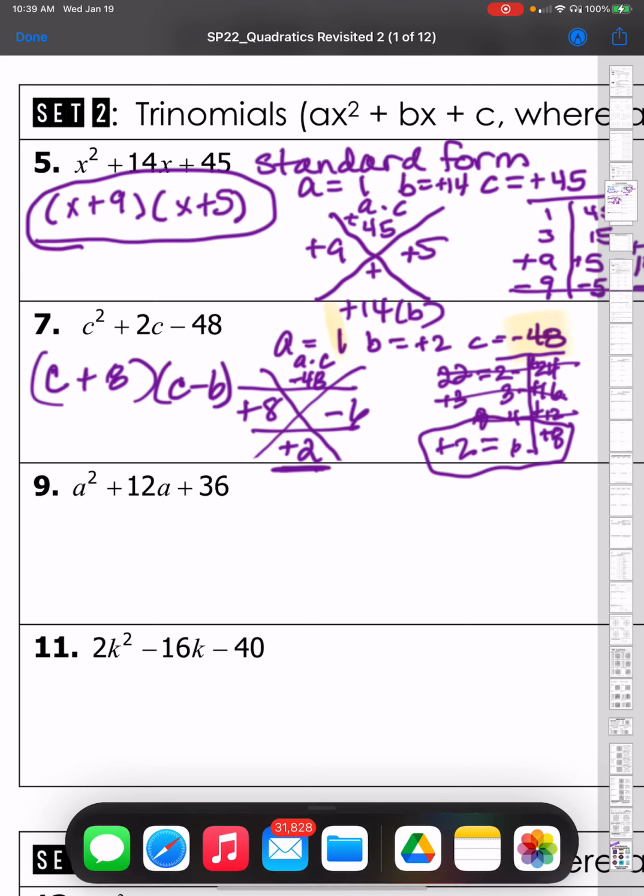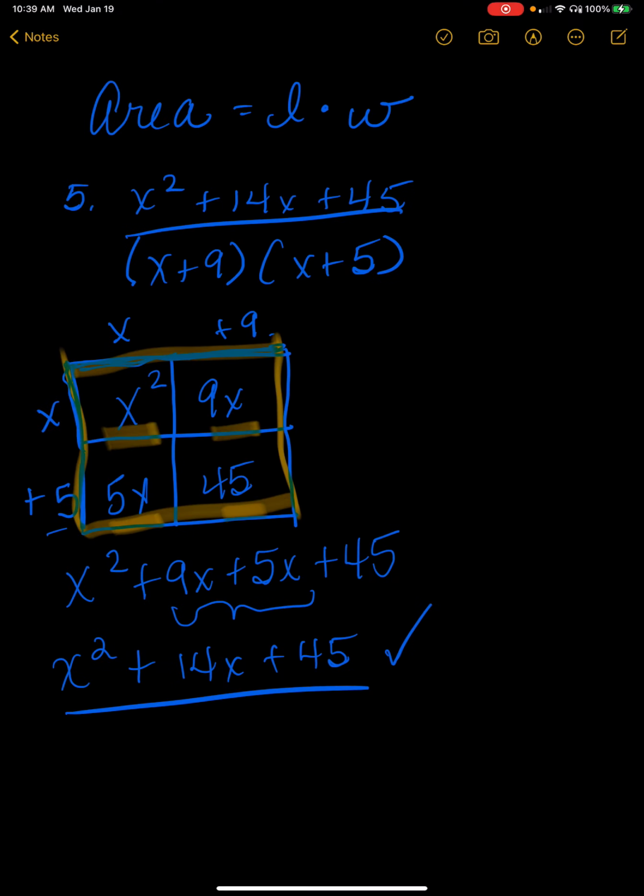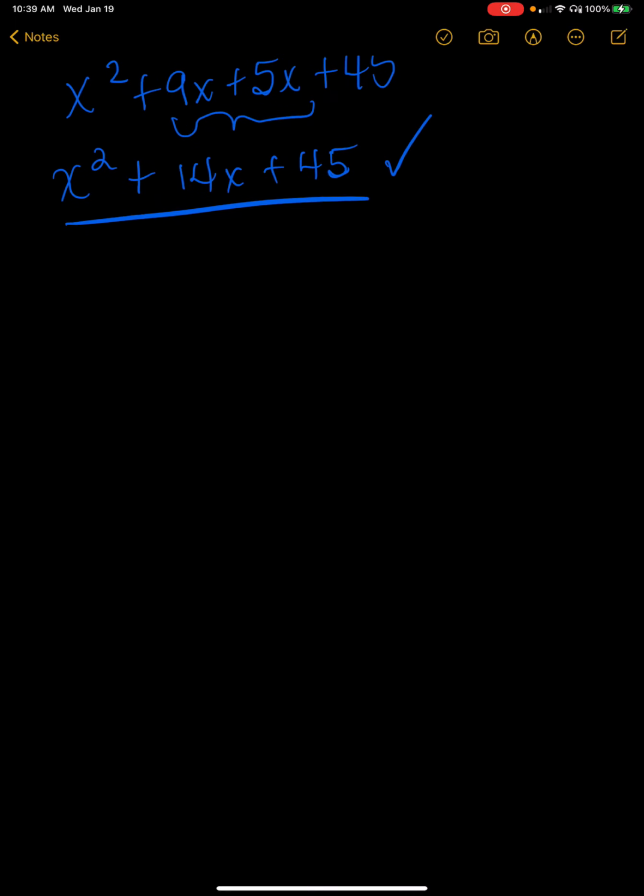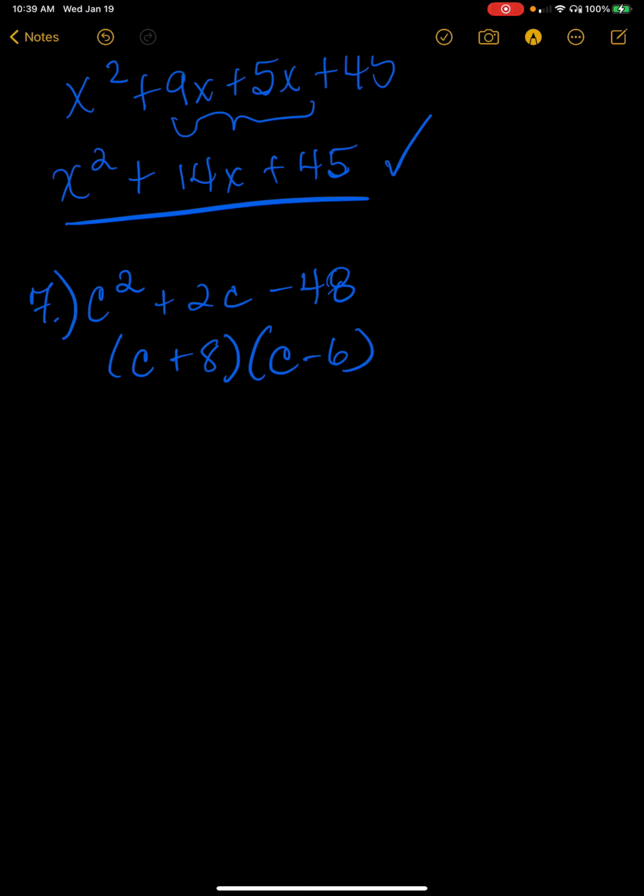Let's go back and check. So we have C squared plus 2C minus 48. This is number 7. And we said that our factors are C plus 8, C minus 6. Put it in our area model.